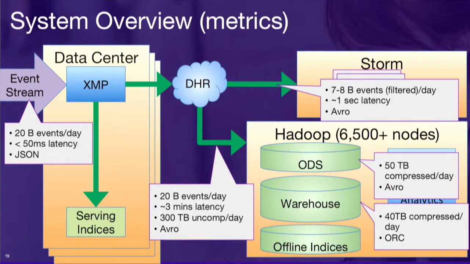So again, the system overview, this time with more metrics. The event stream deposits about 2 billion events per day into XMP. The latency observed on XMP is less than 50 milliseconds. The payload is mostly JSON format. DHR deposits about 7 to 8 billion onto Storm every day.